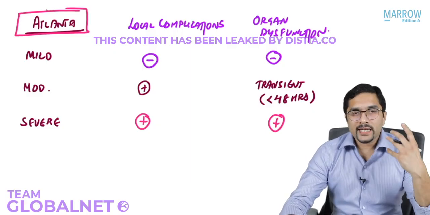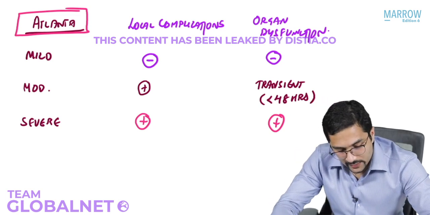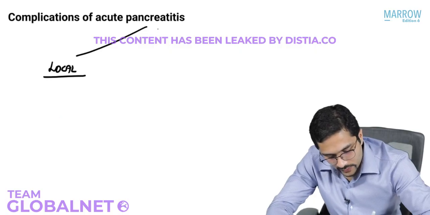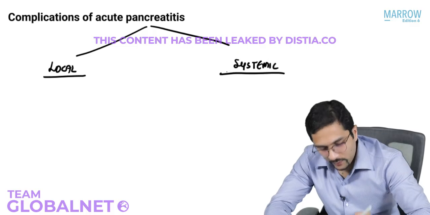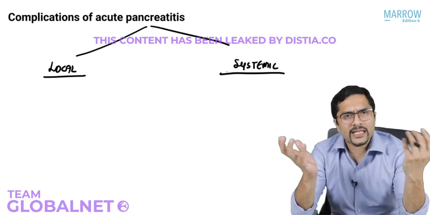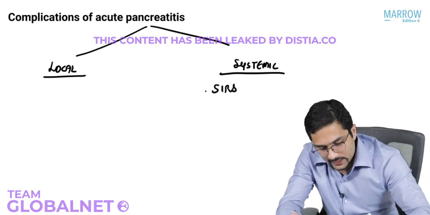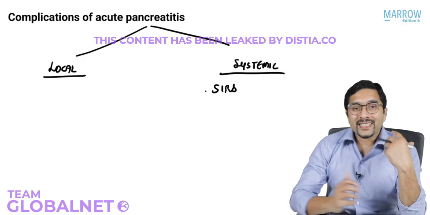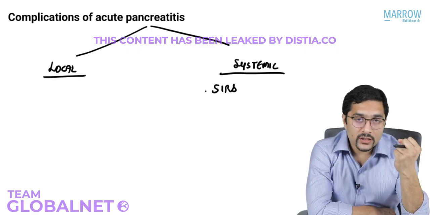Now, what are the complications which can occur in pancreatitis? Like I told you, they can be local complications or systemic complications. First, let's talk about the systemic complications. Any organ can be affected, because there is SIRS, Systemic Inflammatory Response Syndrome. All these inflammatory mediators which are getting released can cause organ dysfunction.